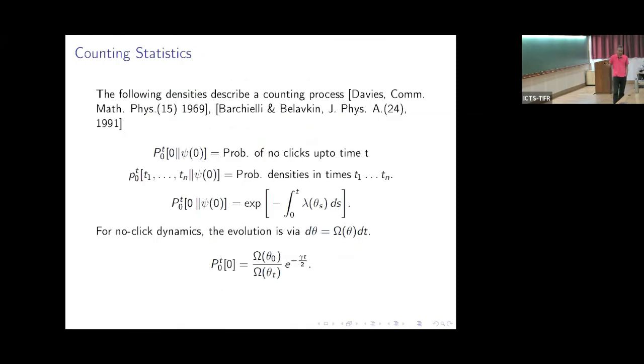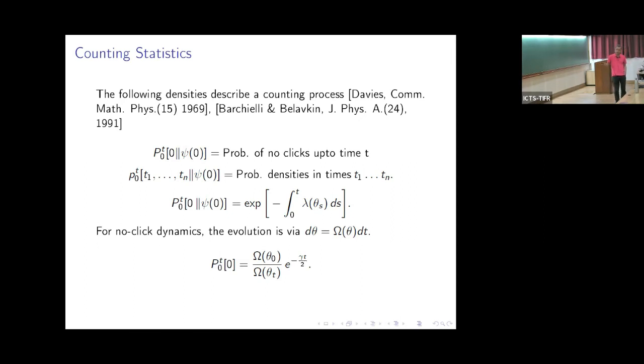But for a counting process, we can show that these are the principal statistics. That is the probability of no click up till time t, and these are the probability densities of clicks at instance t1, t2 till tn. So these are densities in time. And just like a Poisson counting process, no click or no count happens with probability e power minus lambda t in time t.